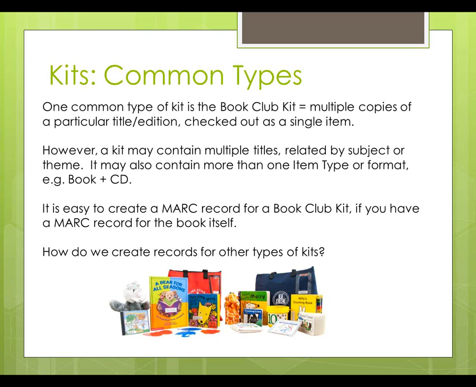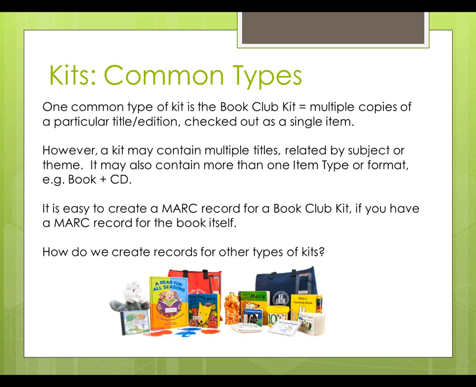something a kit. Now, one example is, of course, the book club kit, which is basically X number of copies of a book in a bag that are all checked out together, and folks can do their own book discussion group at home if they want to, which is nice.